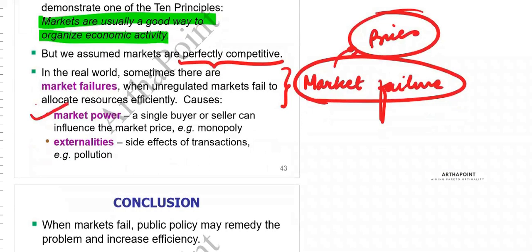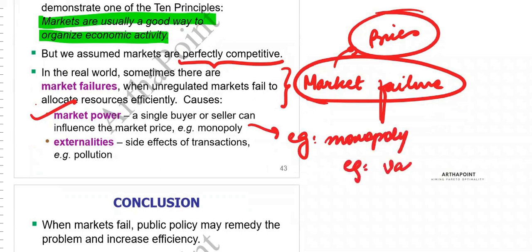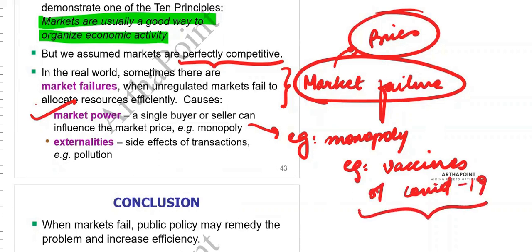The first is market power. For example, when you have a monopoly over something, say a monopoly over making vaccines of COVID-19, then nobody else can make those vaccines and you can charge whatever price you want.